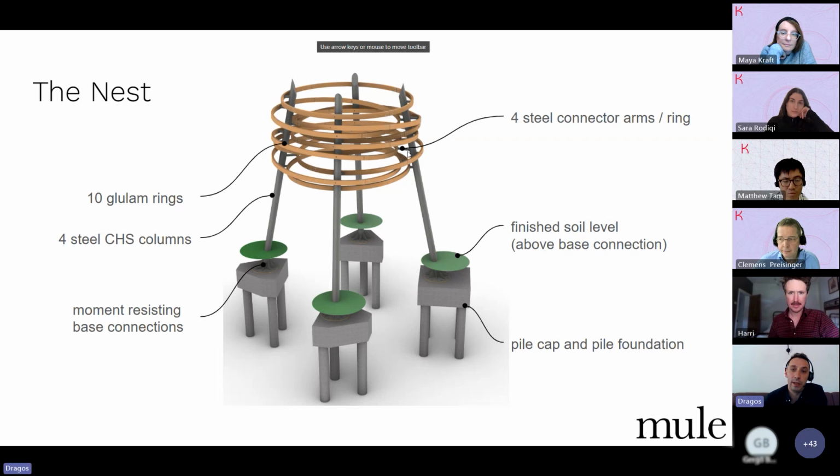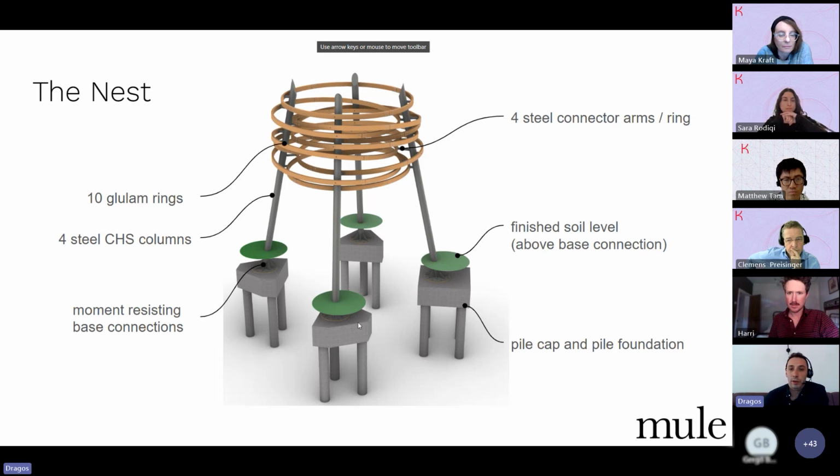The rings are connected to the columns by 4 steel connector arms all around, and the whole structure is supported on moment resisting base connections. You can see here the base plate with some ribs, and the base connections are then fixed into foundations, which in this case were pile caps and pile foundations underneath all 4 legs.